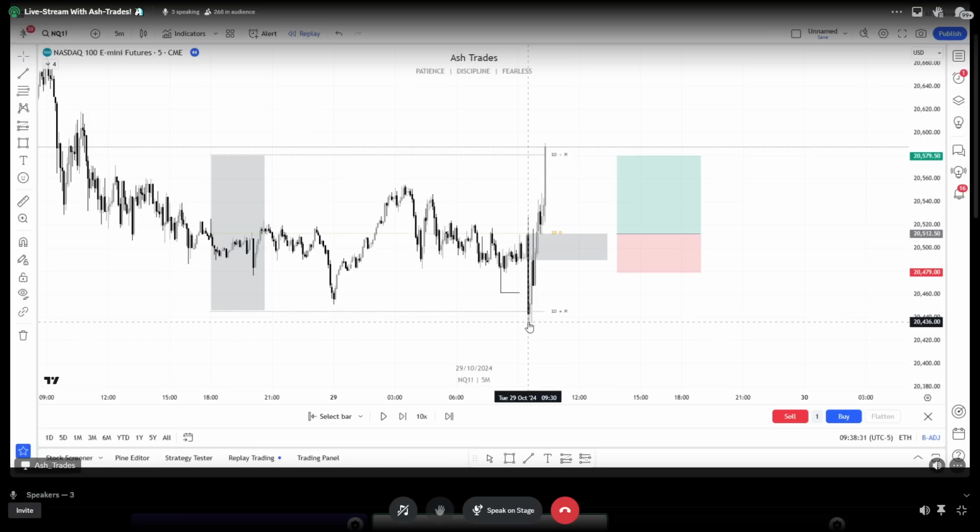If you get manipulation of the range, we then look for how to engage with price, meaning your entry function. And then the draw on liquidity is always going to be the other side of the range. Time, draw on liquidity, entry function. That's it. We don't have to make it any more complicated than that.